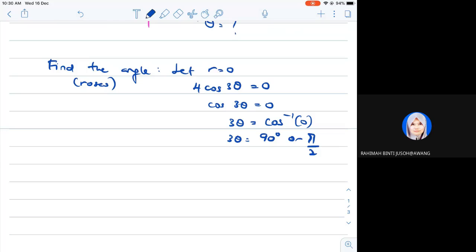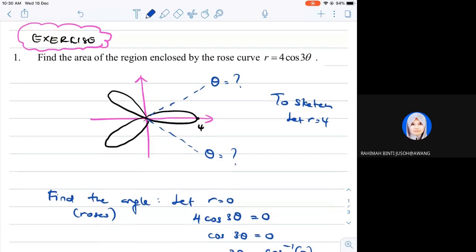So theta equals pi over 2 divided by 3, we get pi over 6. Or 90 divided by 3 is 30 degrees, so pi over 6 lah. So automatically, guys, the value here should be pi over 6.